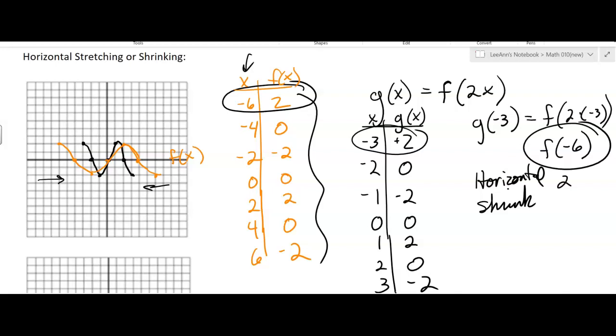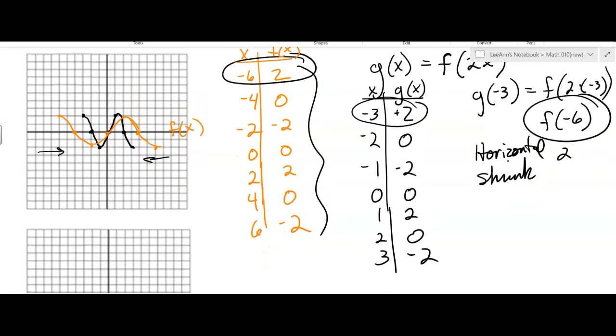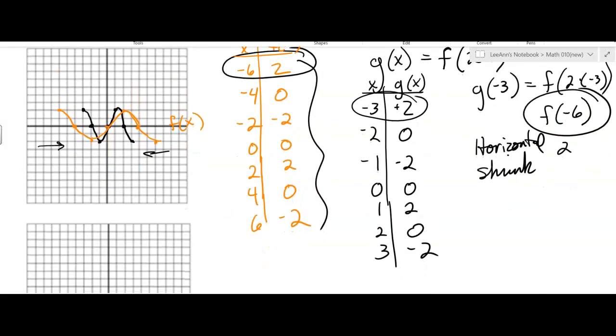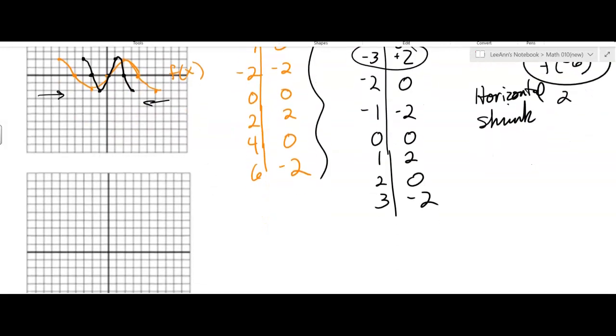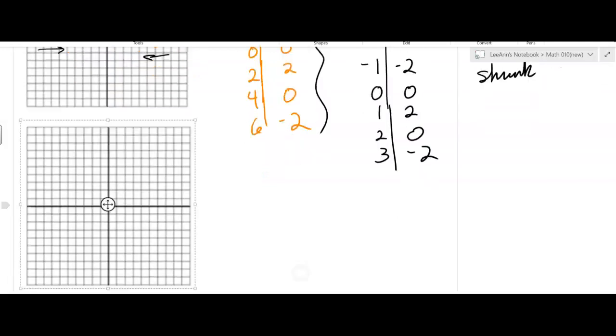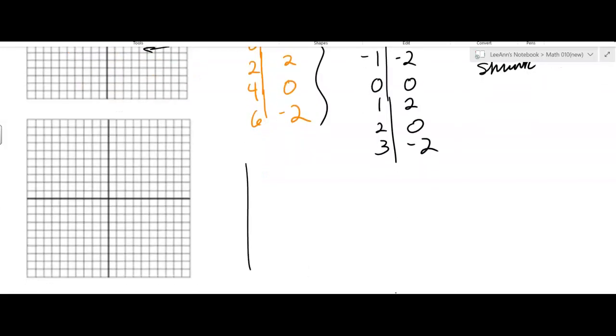Okay? All right, we can also have, if we take those same points, the orange one, h of x, and then let's make h of x equal to f of 1/2 x. Well, then you're going to divide by 1/2, which means multiplying by 2.